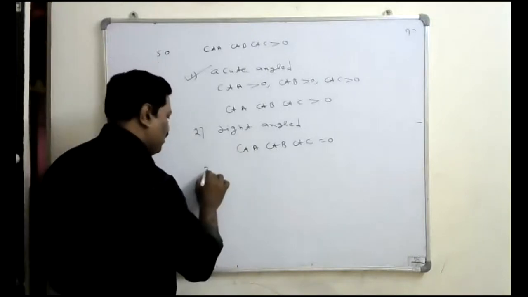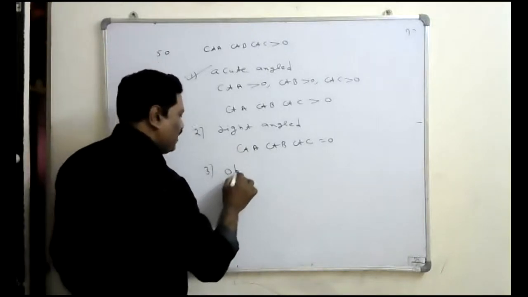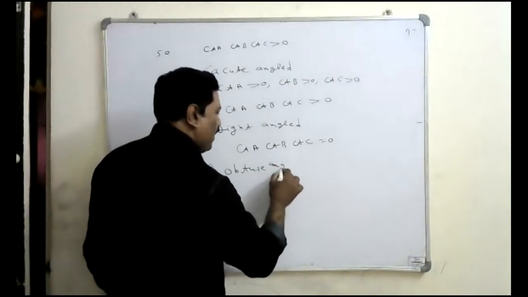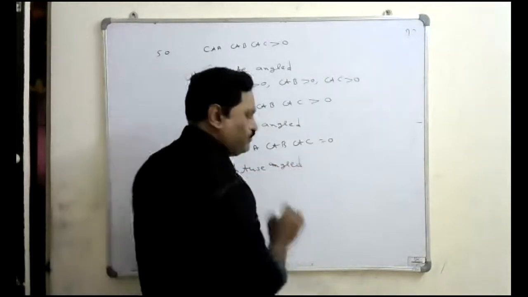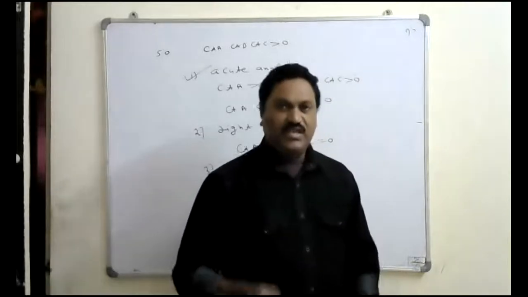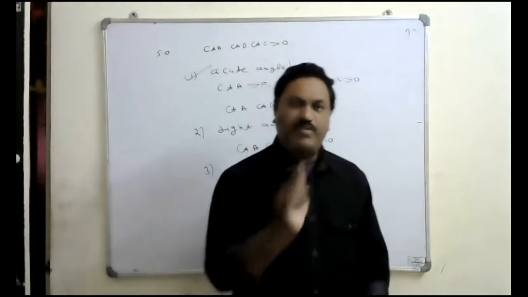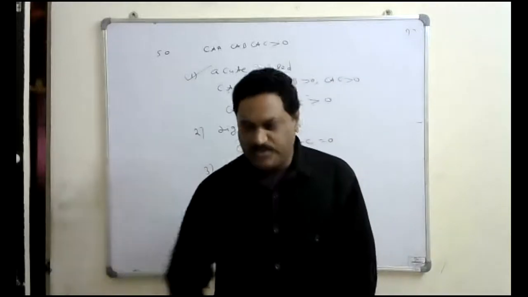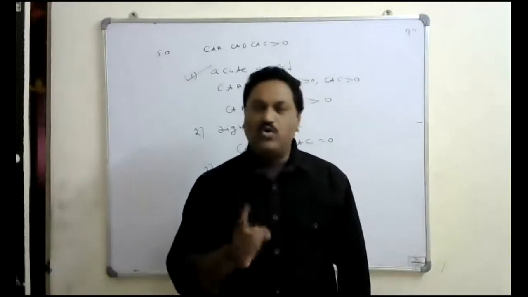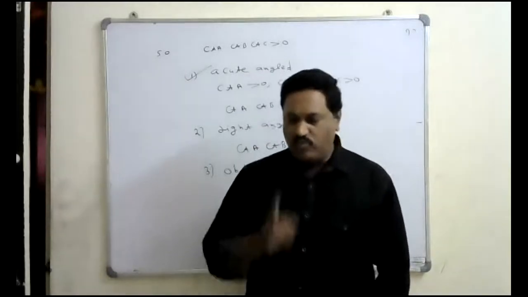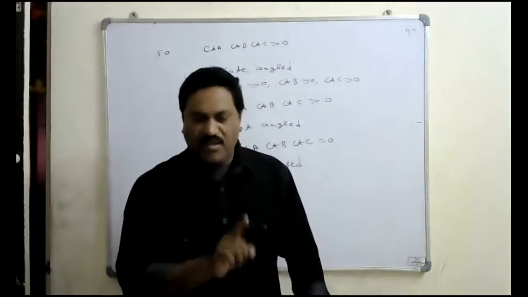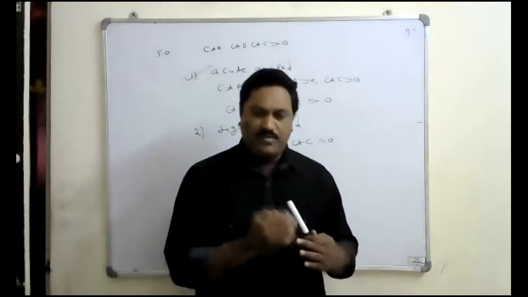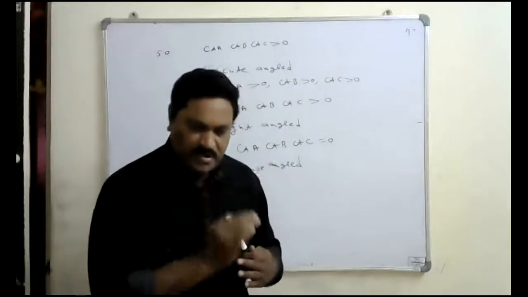The third one: suppose it is an obtuse angle triangle. In a triangle ABC, any one angle only will be obtuse. It is not possible that two angles will be obtuse. If only one angle is obtuse, that angle lies in the second quadrant, since more than 90 means it lies in the second quadrant.